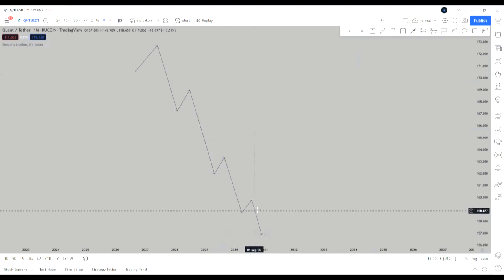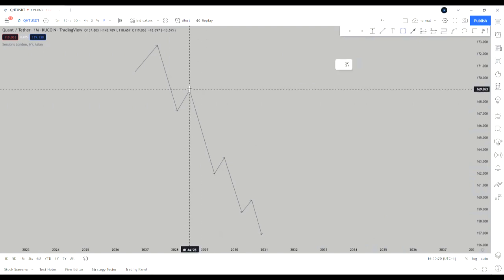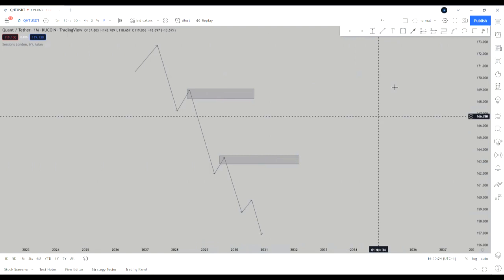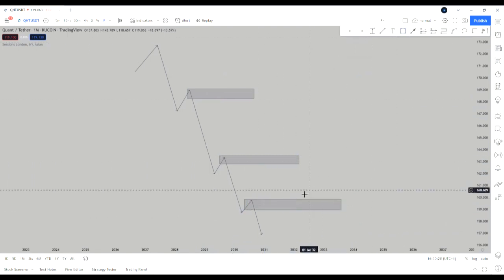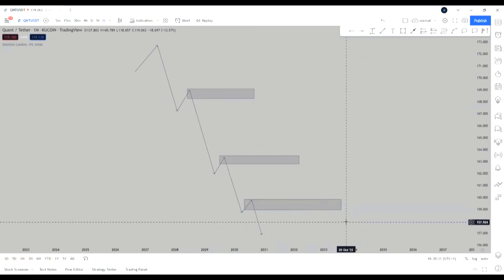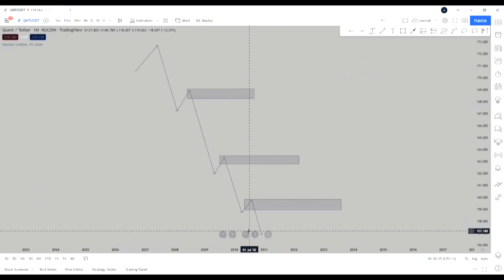Since it has broken many structural points, people would say, let's draw this zone, and this zone, and then they will trade every single one, not even asking themselves if this move is overextended.